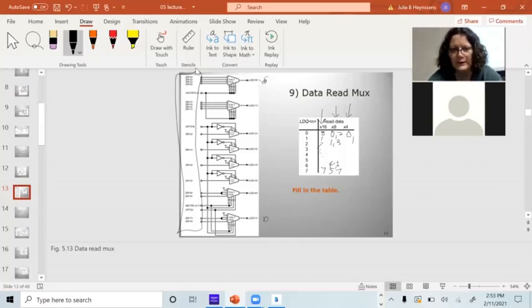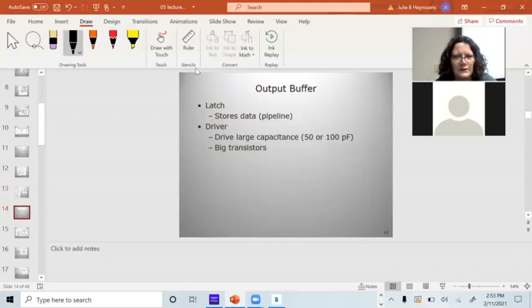So here I'm just doing the even bits on the first one, and then I do the odd bits. So it's going to take 4 times as long to read it out. And you can look at the wiring in the book and convince yourself of that. They're just multiplexers with enables and inverters and things like that.